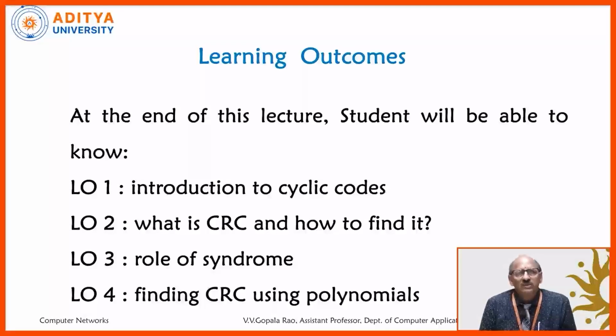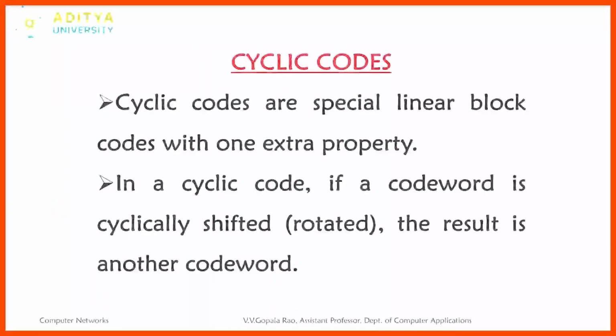Let us proceed to the first point, the meaning of a cyclic code. Suppose you have data to send. The data is generally in the form of binary notation. Let us say you have 1011. It is binary data. You can transmit the data in the form of bits from the sender to the receiver by using a medium.